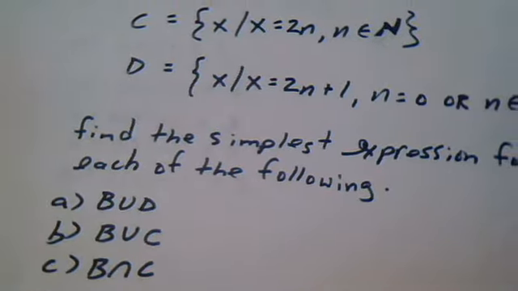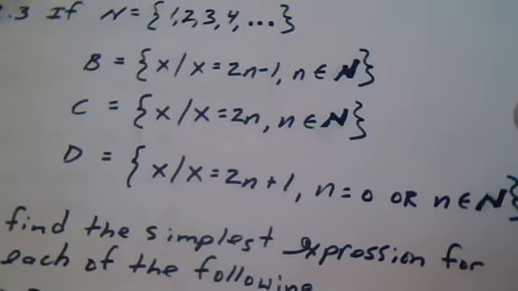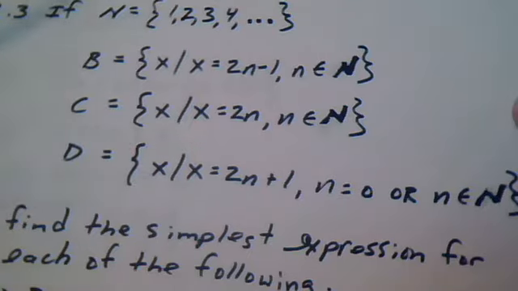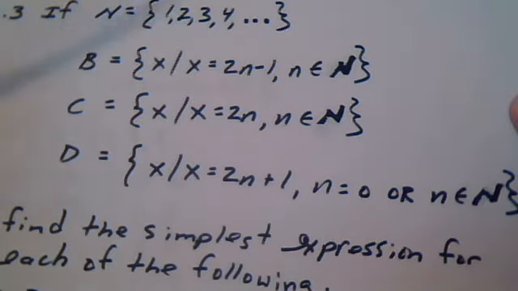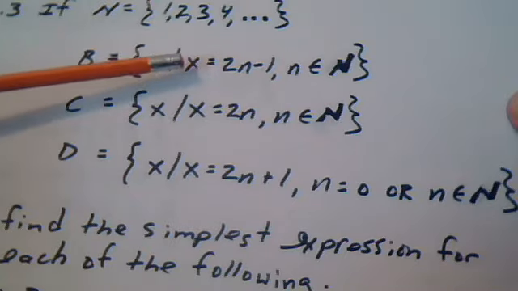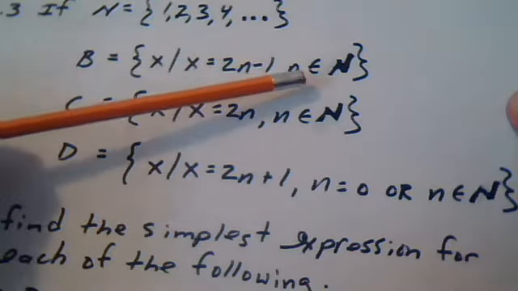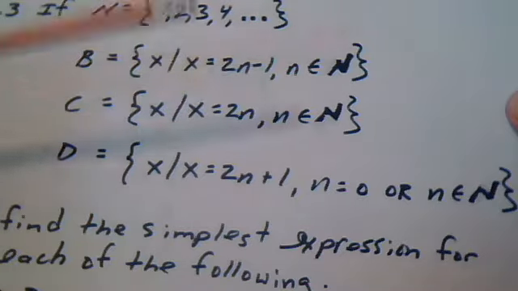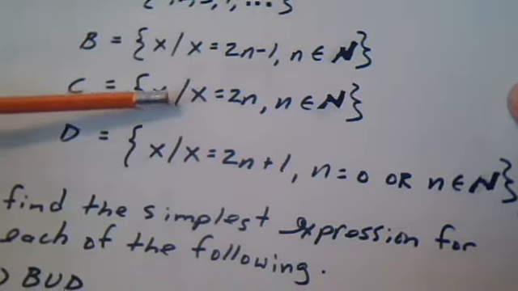That's what they're asking. So our first step is to identify the members of each of these sets, and the way we identify them is by applying the description. This description says that you could produce the members if you substitute the n with the natural numbers, 1, 2, 3, 4, and so on.